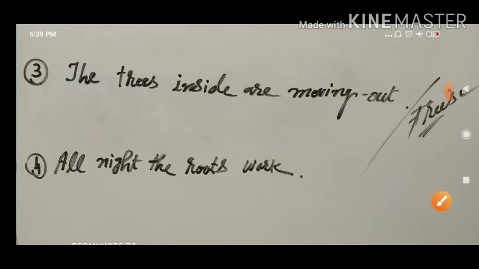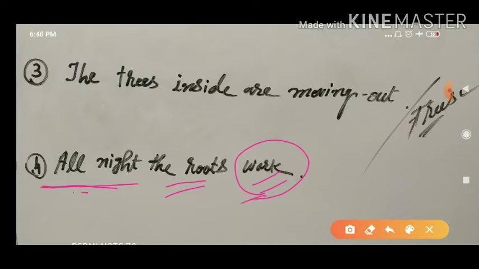What's the idea? Next to that, I'll tell you, all night, constant. All night, constant. The roots work. Working condition, working capacity is with the human being, and that is applied to the roots. Where a human quality, characteristic, phenomenon is applied to the non-living.